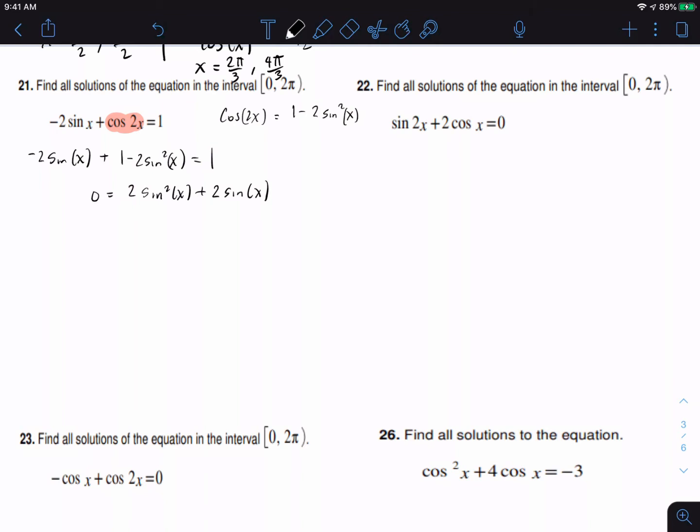So I can clean that up and get 0 is equal to 2 sine of x times sine of x plus 1. And so those are my two factors. I'm going to get 2 sine of x is equal to 0 and sine of x plus 1 is equal to 0.